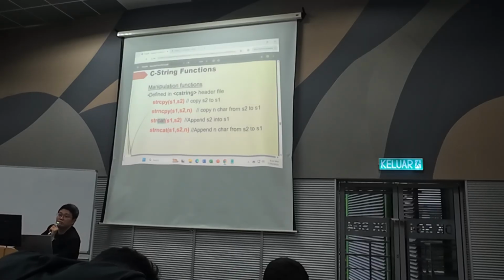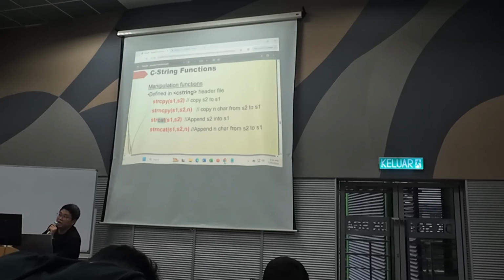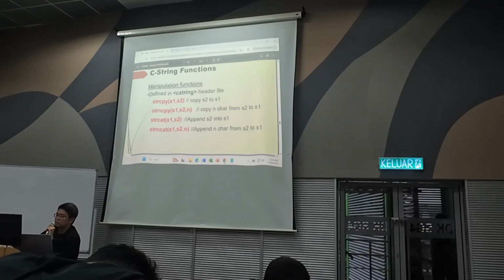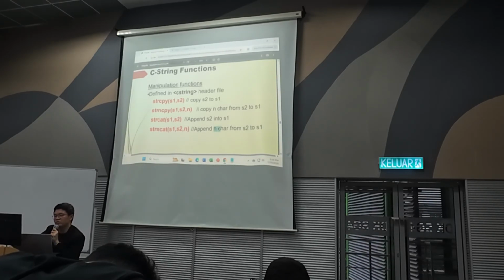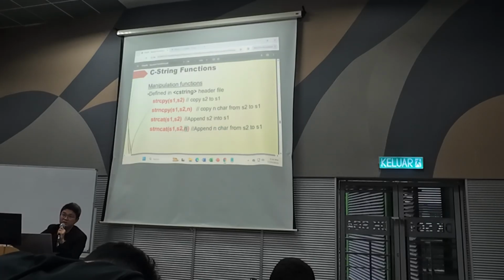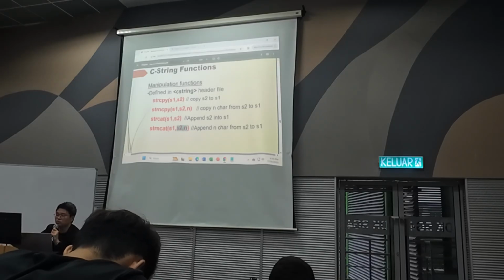Concatenate means append. Append means you add everything together. So I'm going to append S2 into S1, adding everything inside S2 into S1. If you have an n in the middle here, you can define how many characters you want to add from S2 to S1.